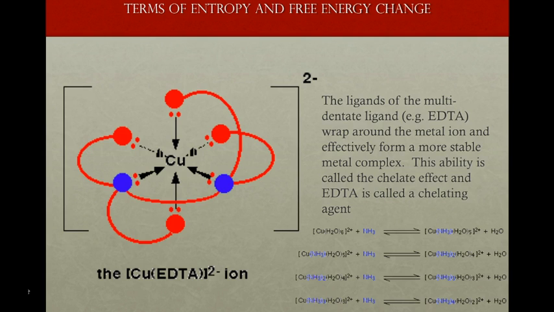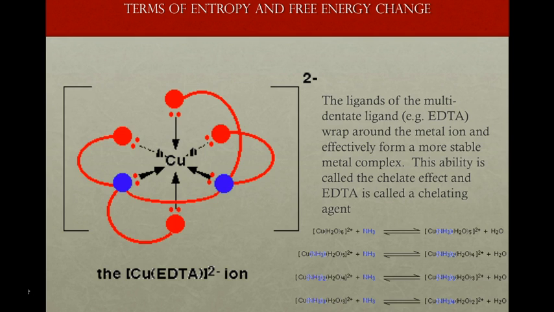What would happen if we used a bidentate ligand? If we used a bidentate ligand, we would have more molecules of product than we would of reactant. That means that the entropy of the products has increased.